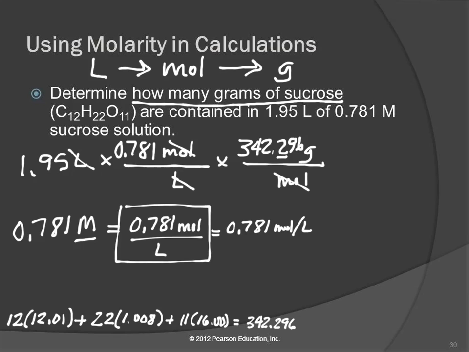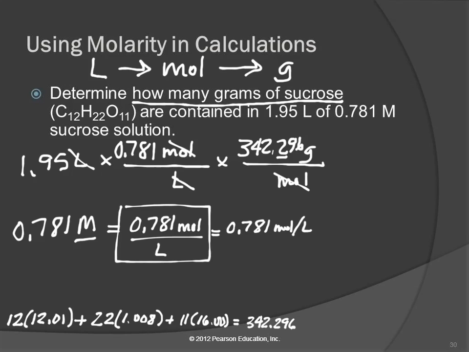So now we have 1.95 times 0.781 times 342.296. Except I typed it in wrong. Okay, start over. That one was wrong. That's wrong too.